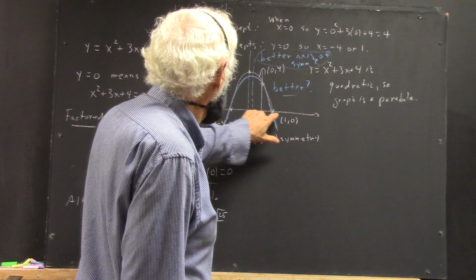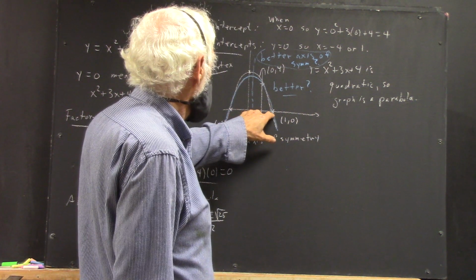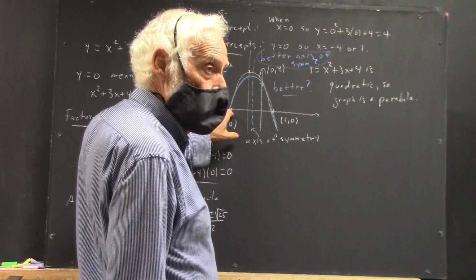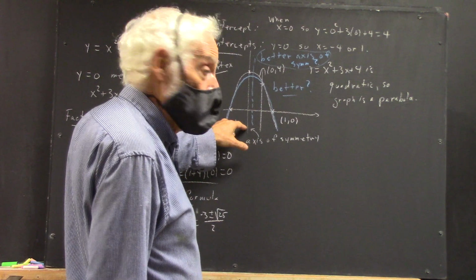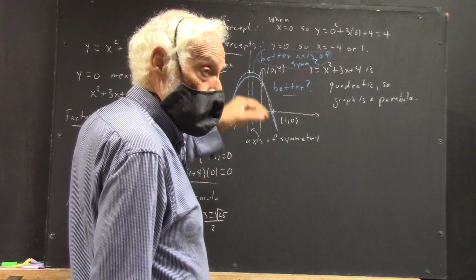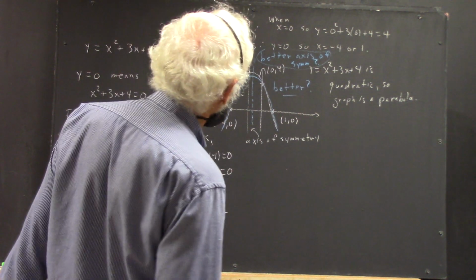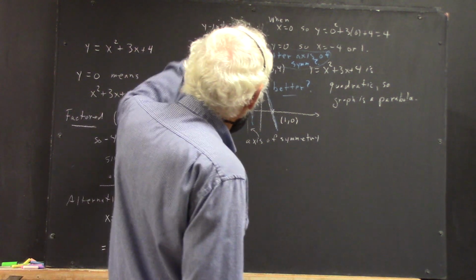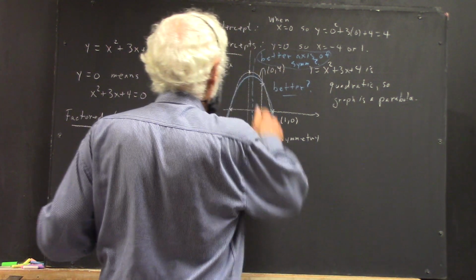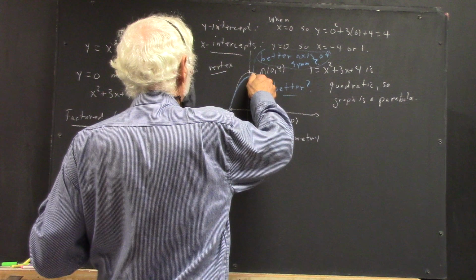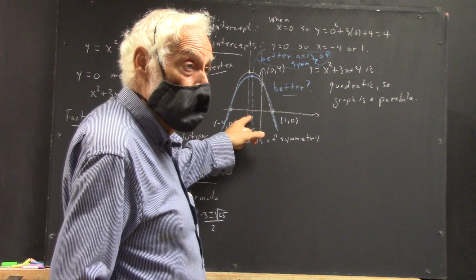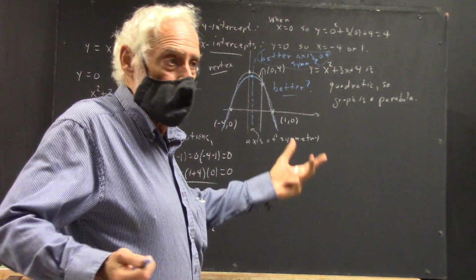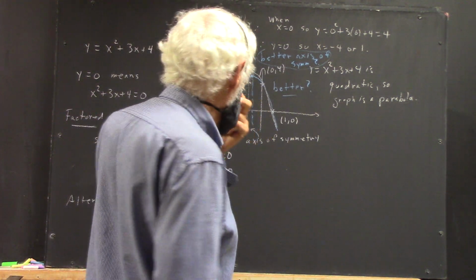Yeah. If anything, this is a little closer to this point than this point, but it's closer to being halfway between these points, I think, than this one was. Okay? I didn't put it quite through the vertex. The vertex would have been about here. If I'd drawn my axis of symmetry a little closer, it probably would have been pretty good. Which is just dumb luck, but it probably would have been pretty close.